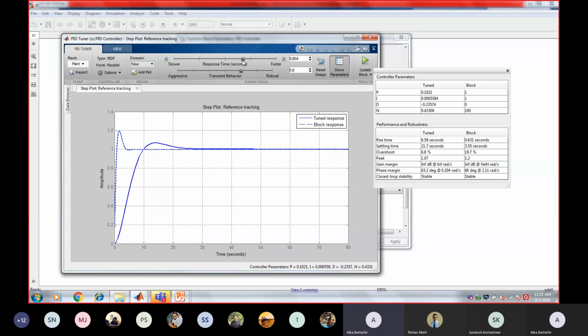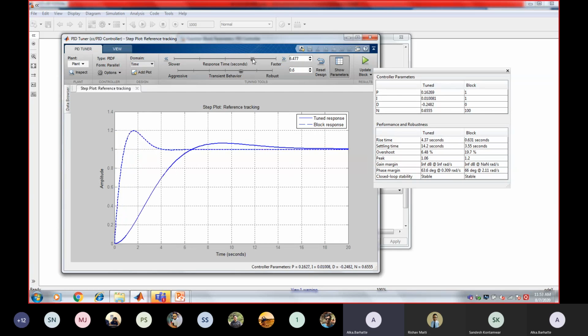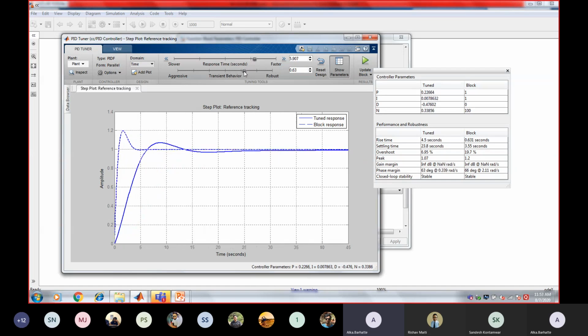You can tune this simply by changing it, and see how the parameters are changing. The rise time is reducing as I move this response time slider. With this you can also change the transient behavior and the steady state error. There is a change in the steady state error with this.